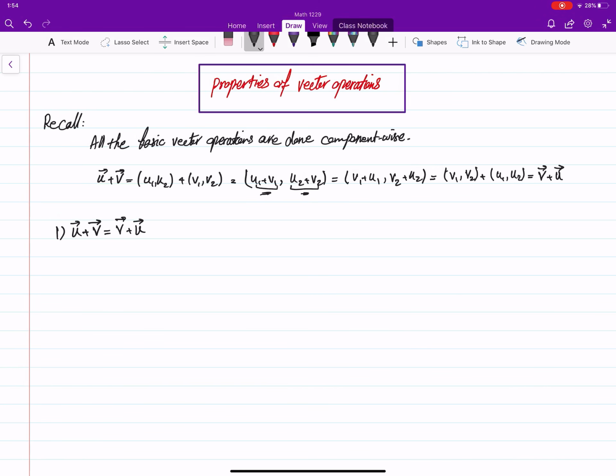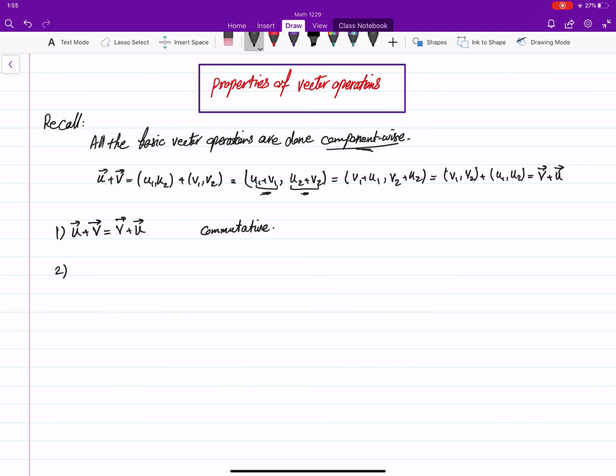This property, which is the first property, is called addition is commutative. You can switch the order of vector addition. Other properties that I'm going to tell you here can be done only by taking into account that these operations are done component-wise. Okay, so that's the first one.